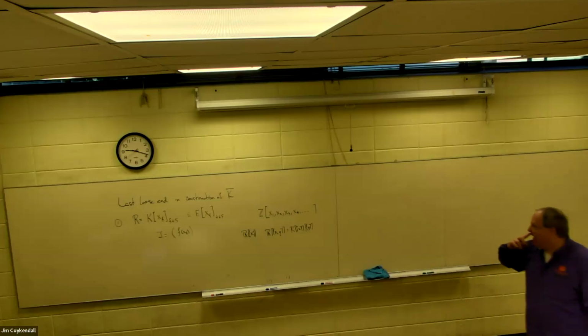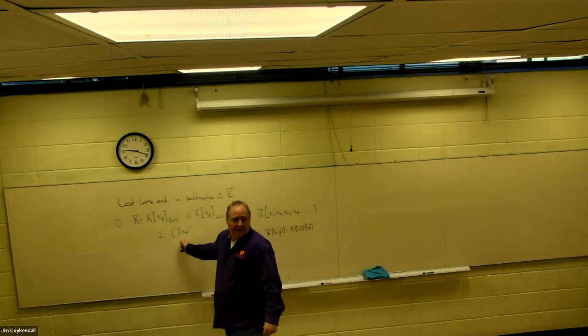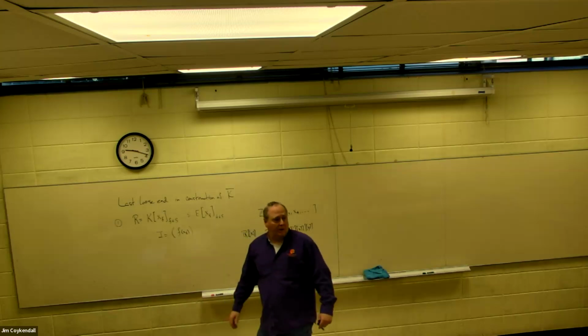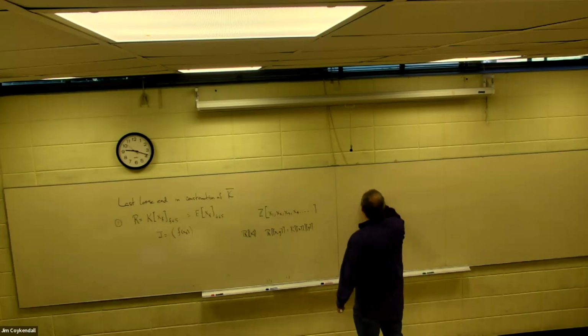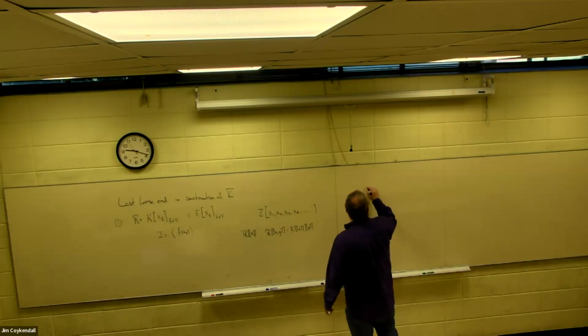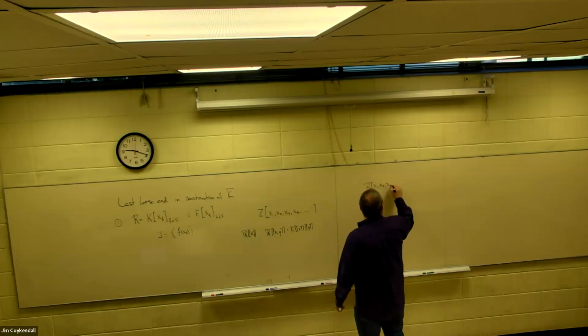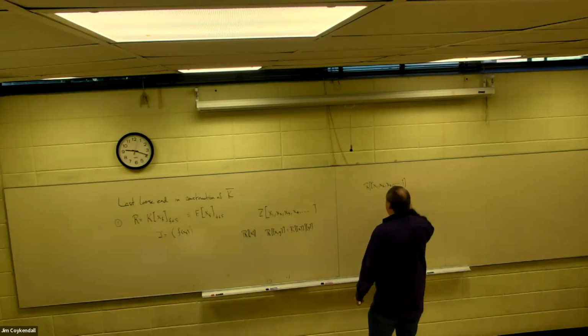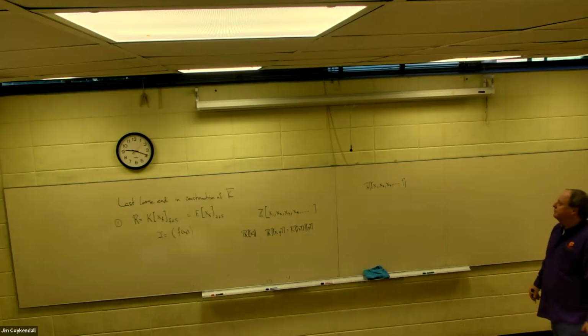But if this ideal is not proper, then there should be a linear combination of all of these things to get you the polynomial one. Let me ask you this. What's that?